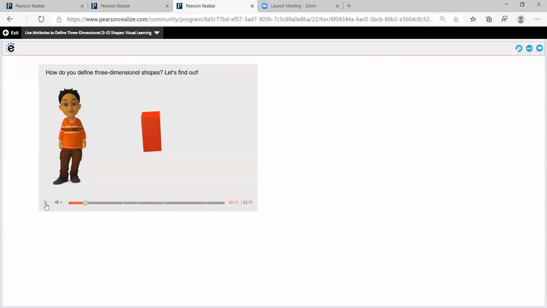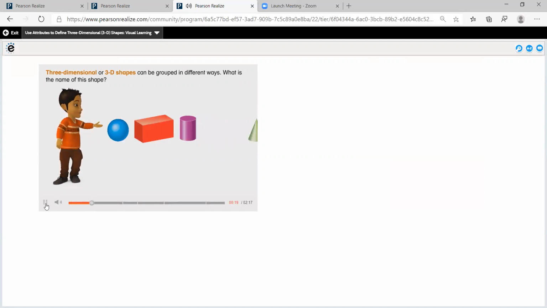Last week we worked with two-dimensional shapes, and this week we're moving to three-dimensional shapes. Three-dimensional, or 3D shapes, can be grouped in different ways. What is the name of this shape here? Think your answer. Say your answer.